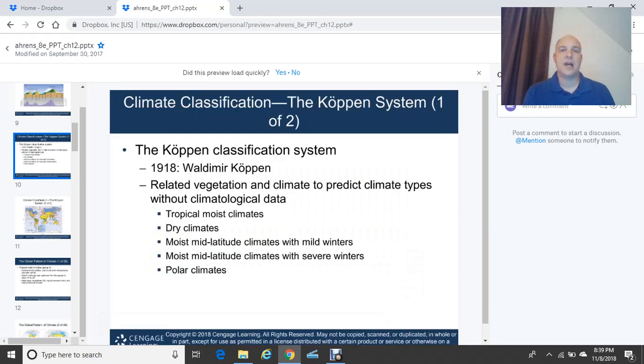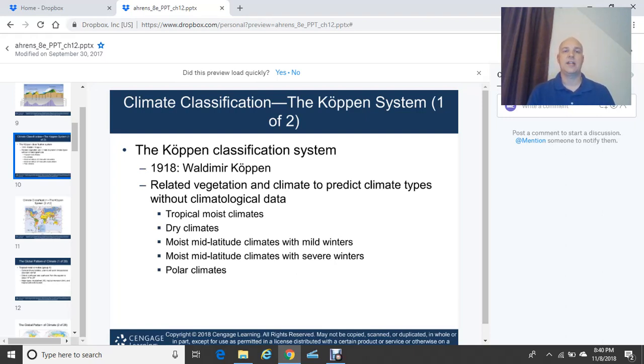All right, so now we're going to introduce you to the Köppen climate classification system. The Köppen classification system was developed in 1918 by Vladimir Köppen, and Köppen related vegetation and climate to predict climate types without any climatological data.